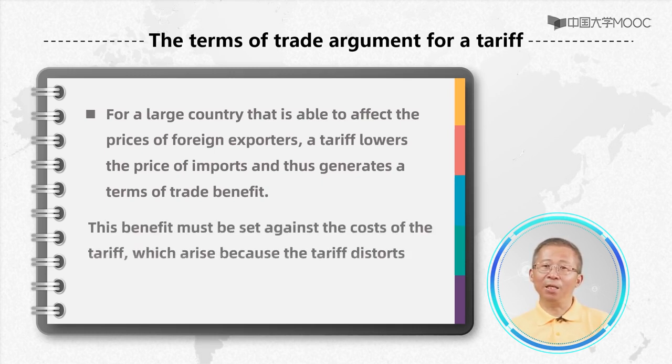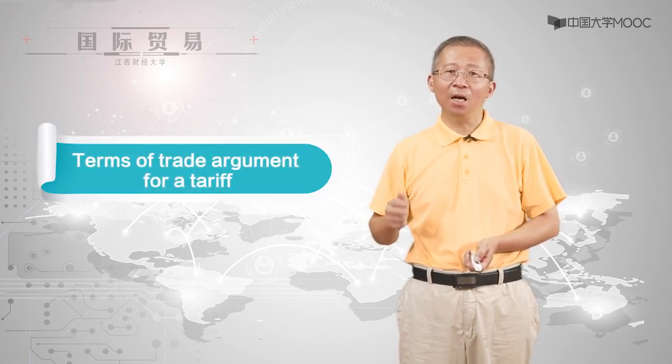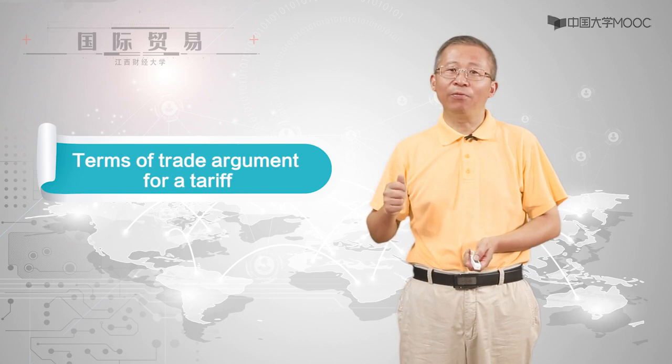This benefit must be set against the cost of a tariff, which arises because the tariff distorts production and consumption incentives. It is possible that, in some cases, the terms of trade benefits of a tariff outweigh its costs. So there is a terms of trade argument for a tariff.